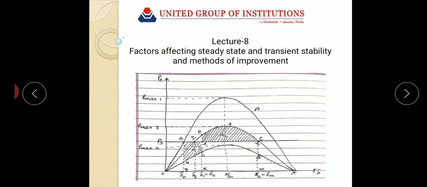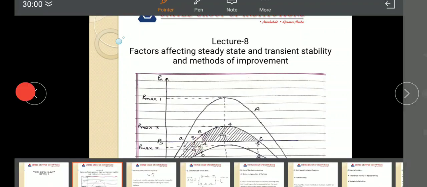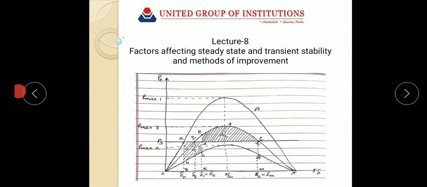So this is the main condition. If the accelerating area A1 is greater than A2, then we say the system is unstable. So for maintaining stability, the accelerating area A1 should be less.